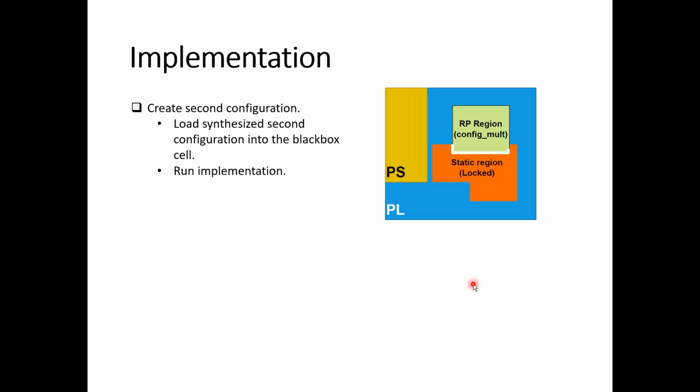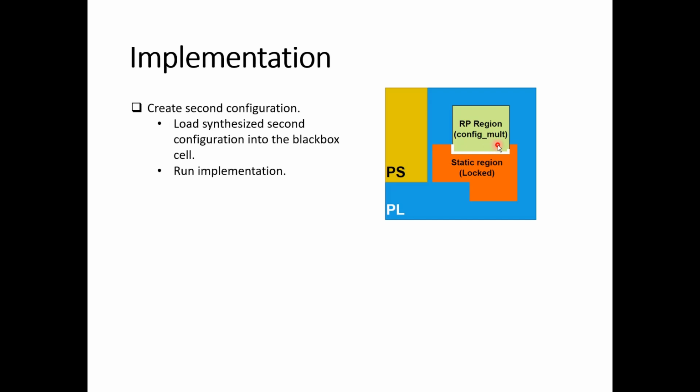Now after this, we load the synthesized second configuration. We already have all the synthesized configurations available. So we load it into our black box cell and run the implementation again. Now this time, because the static region is locked, it only places and routes this RP region which contains our multiplier.